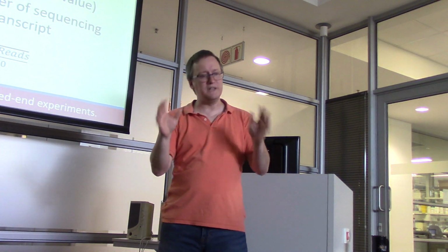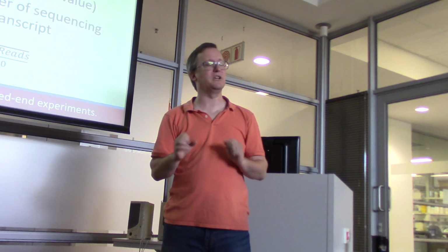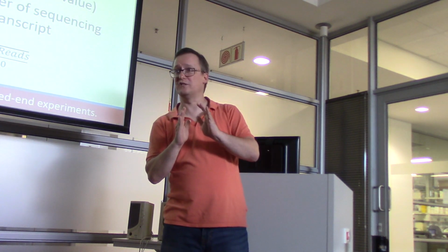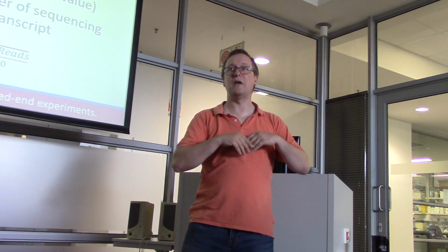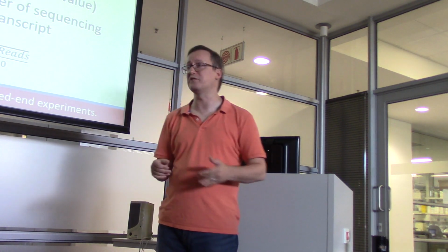So a transcript that's 2,000 nucleotides long is more likely to have reads mapping to it than one that's 1,000 nucleotides long. A transcript that's 4,000 or 5,000 nucleotides long is going to have more opportunity to produce reads than one that's much shorter, like 2,000 or 1,000.